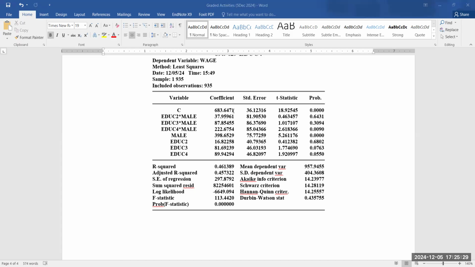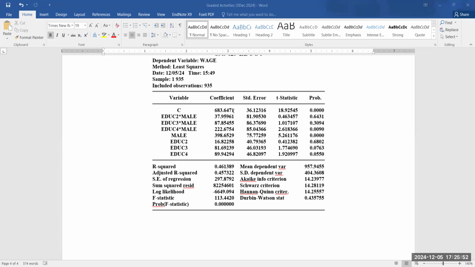Males with primary education, which is the baseline education level in our analysis, earn 398.65 US dollars more than females with primary education, because all the wages have been converted to US dollars.